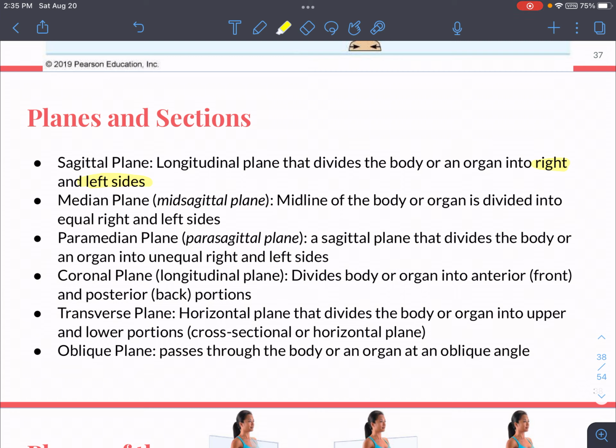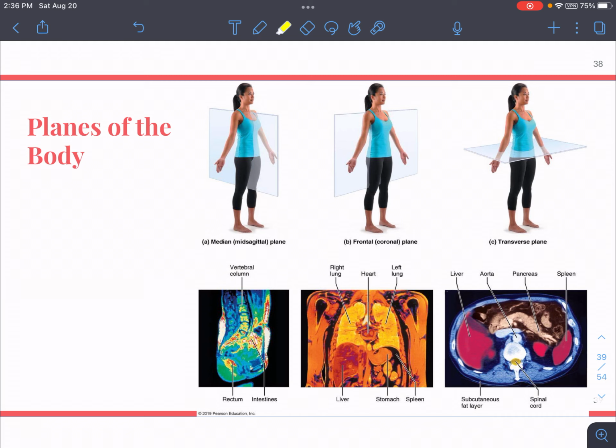So you have a top half and a lower half for a transverse plane. And here are some different types of imaging for each of those that shows how you can view a sagittal plane, a coronal plane, and a transverse plane. So when you're dealing with imaging, these are very important to know.